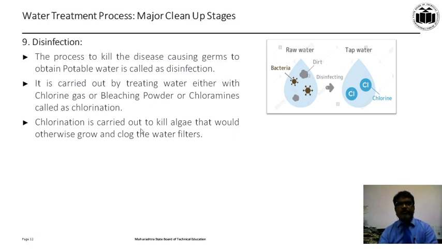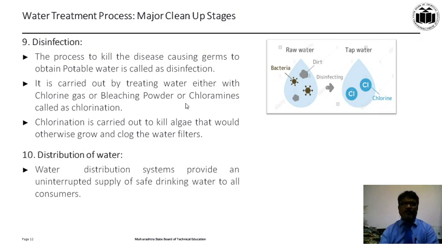Chlorination is carried out to kill the algae and other bacteria that would otherwise grow and clog the water filters. Okay. So therefore the chlorination is also provided to kill the algae which are present in water. And now all the impurities are removed from the water.